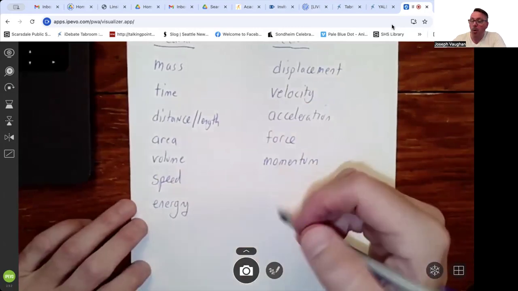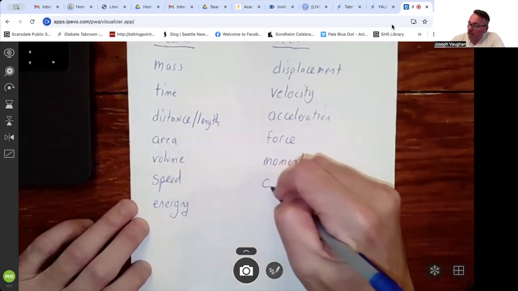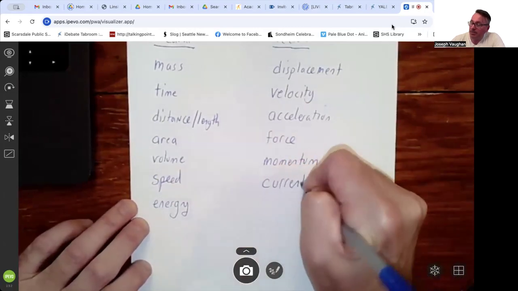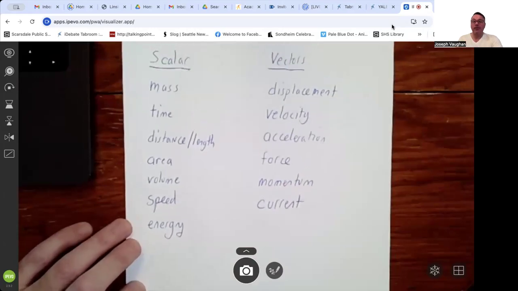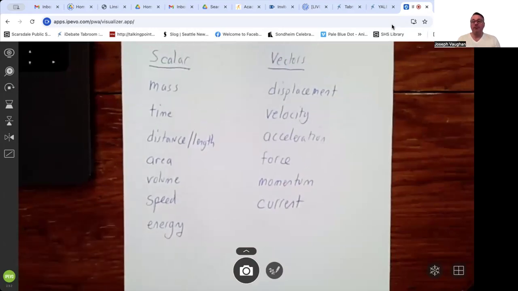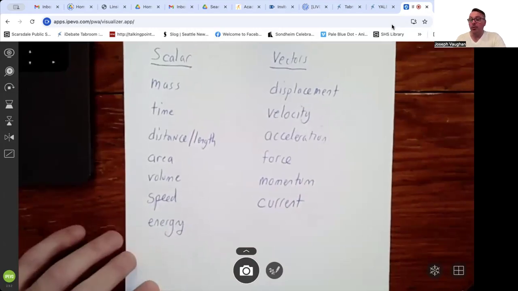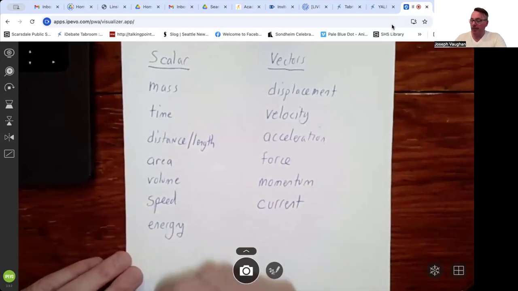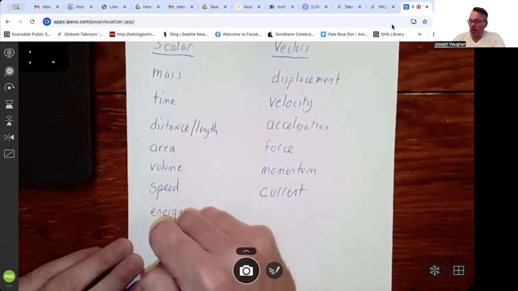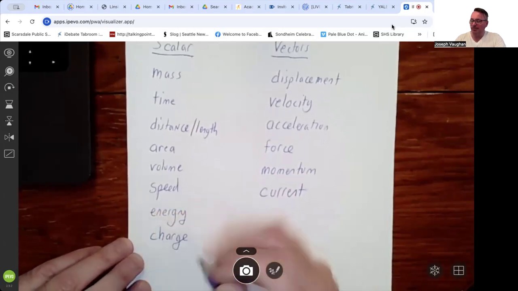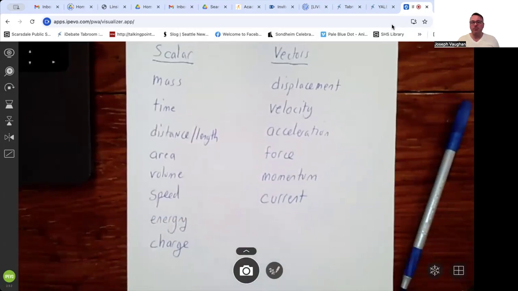I'm just going to throw one more onto the vector list: current. When we get up to talking about electricity later in the year, it's going to be important that the flow of that current matters. The reason I put that there is I do want to talk about another scalar quantity, which is charge. A lot of people have a problem with that being a scalar quantity, because if you remember from chemistry, we have both positive and negative charges.